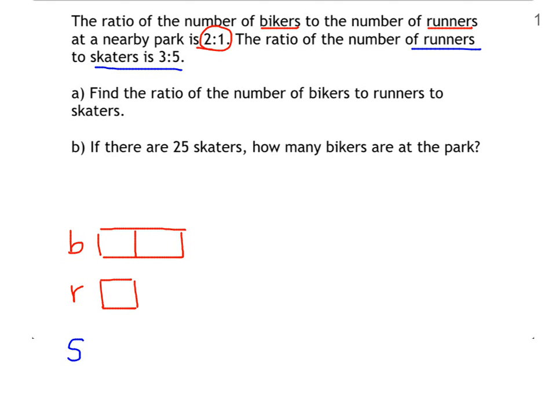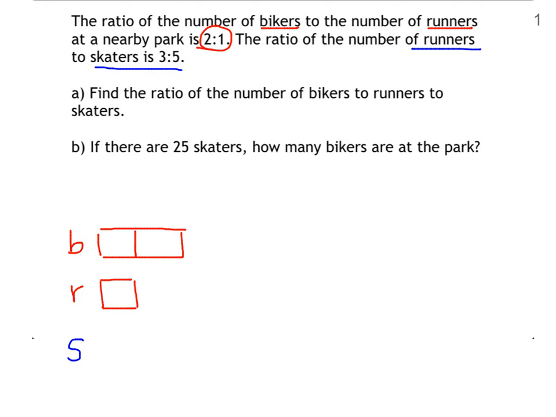3 to 5, I don't want to add units to the runner bar, because if I add units, I'm changing the amount of runners there are. And there's the same number of runners in the park no matter what. What we need to do is think about taking the unit that we've already used for the runners and making it into 3 units. The relationship between runners and skaters is different and would have different shared units than bikers to runners.